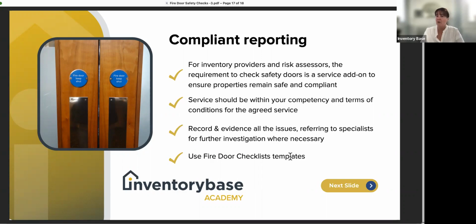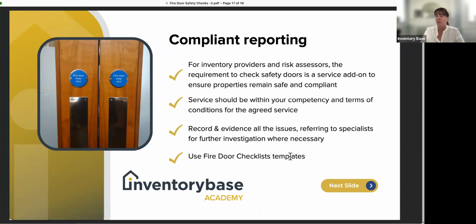So again, make sure you're very clear with the responsible person what you will do. You'll carry out those checks, complete the forms, provide that evidence, and then it's the responsible person to take that further. So this means you do need to record all your evidence and your issues. Within Inventory Base, we have fire door checklist templates.